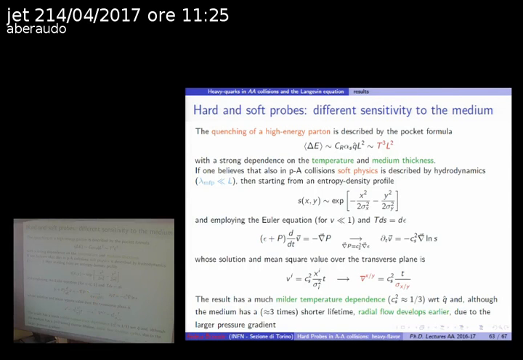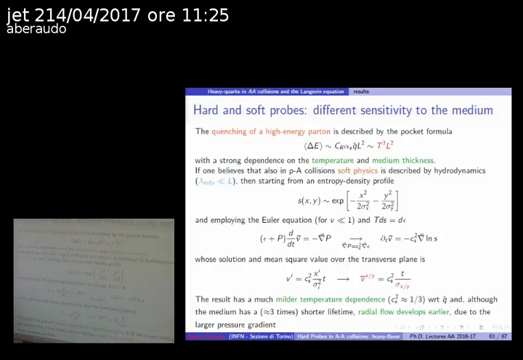By employing the equation of state, you see that the fluid acceleration is given by this formula, and if you solve, you get that essentially the average radial velocity depends on the speed of sound squared, but the speed of sound is quite constant.